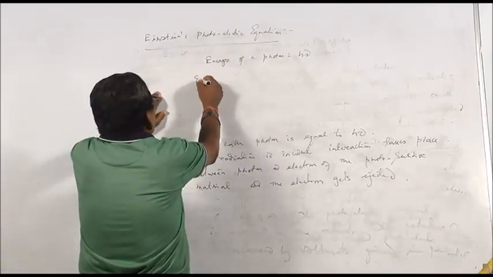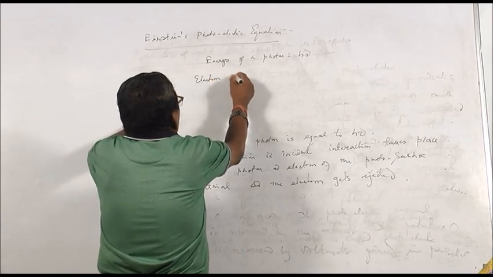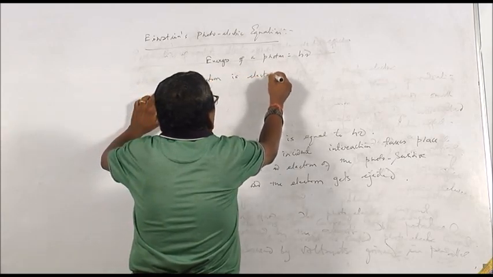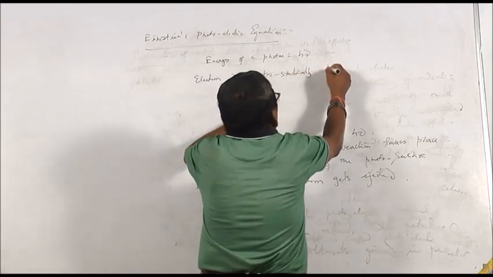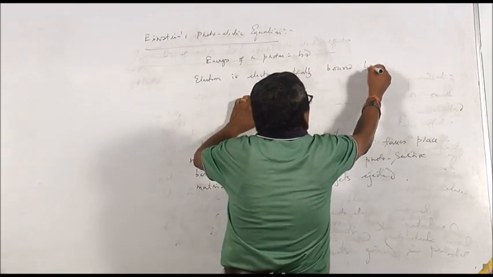The electron is electrostatically bound to the atom.